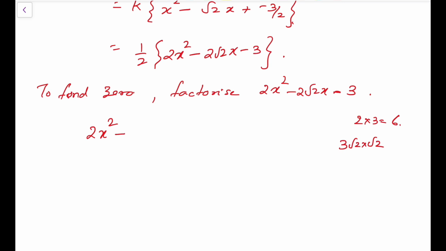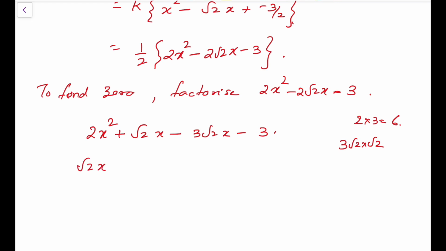So we will write this as 2x squared plus root 2x minus 3 root 2x minus 3.